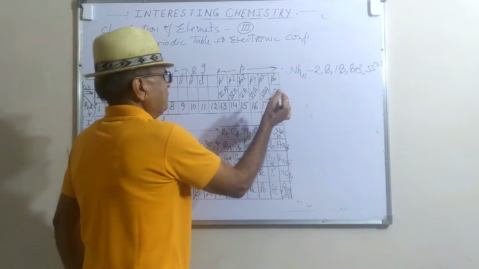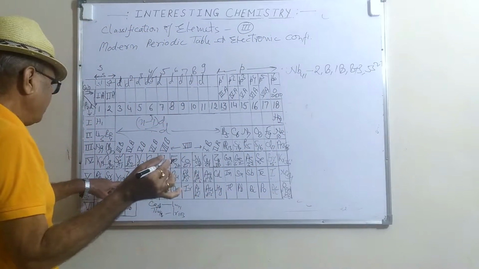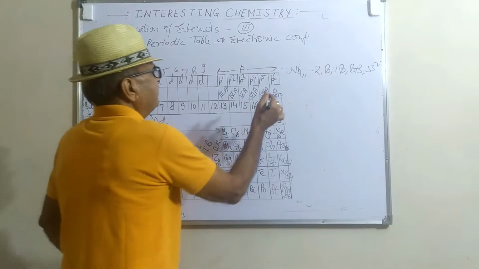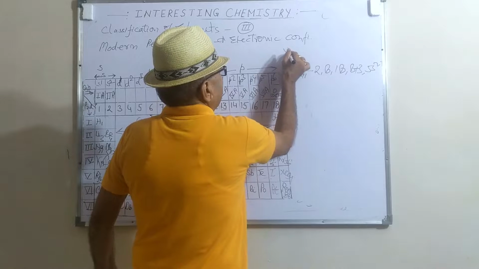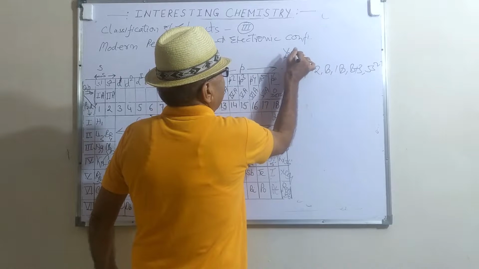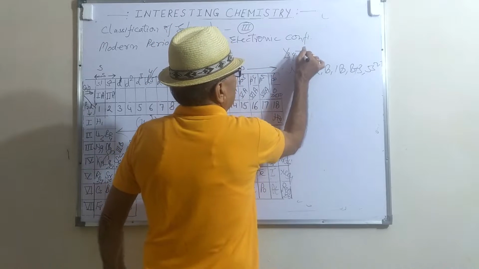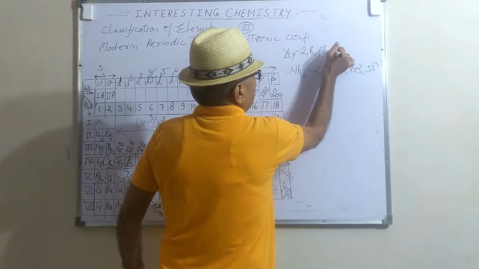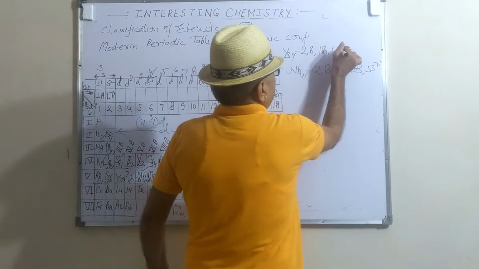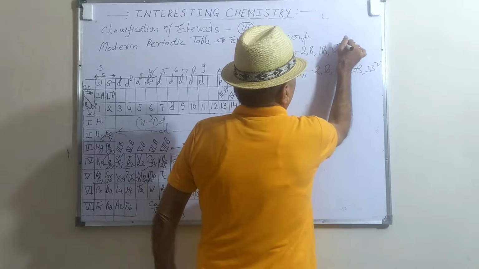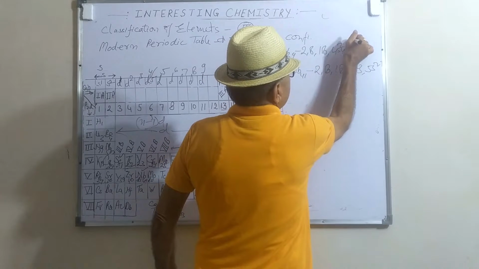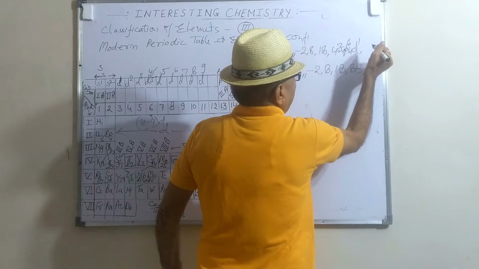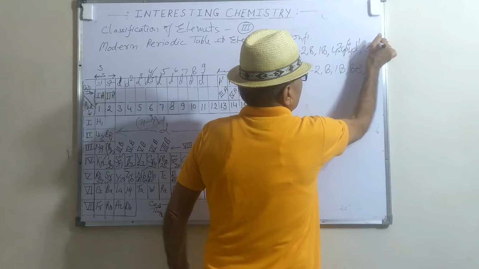As I explained, in yttrium and zirconium, yttrium 39 I had as 2, 8, 18, 4s2, 4p6, 4d1, and 5s2.